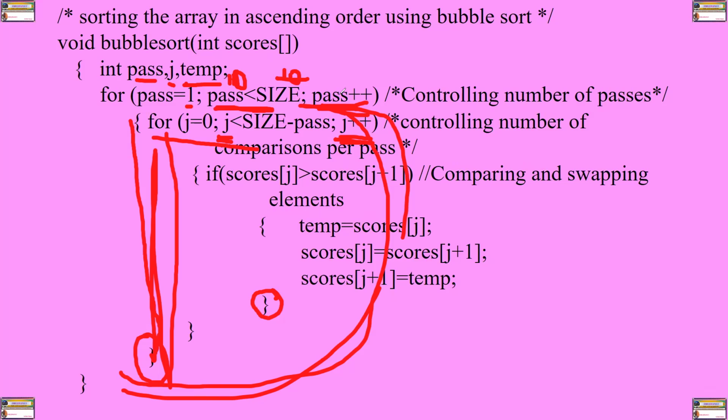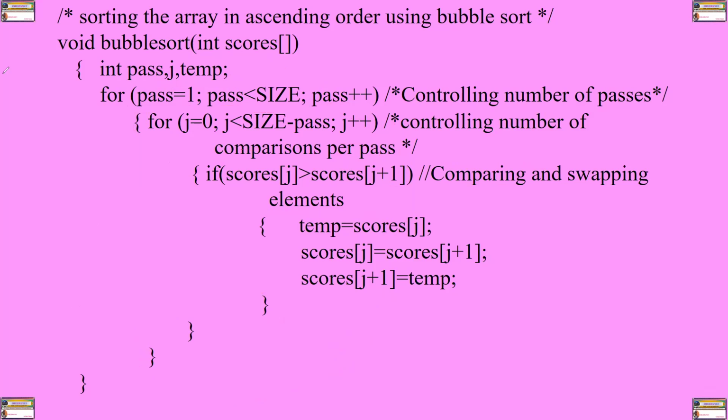No. So that means simply once the content of the memory location called pass is not less than the value of size, that is 10, then this loop or this function will come to an end. So that's how the bubble sort will work.